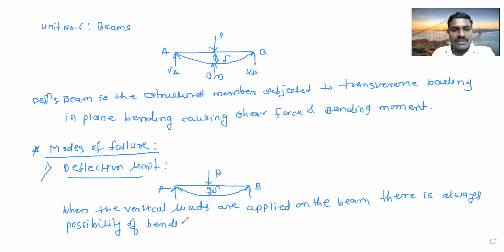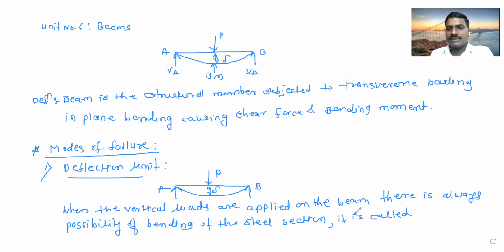So due to this vertical load, there will always be a possibility of bending of the steel section. That bending of steel section is called deflection. So this is so easy.